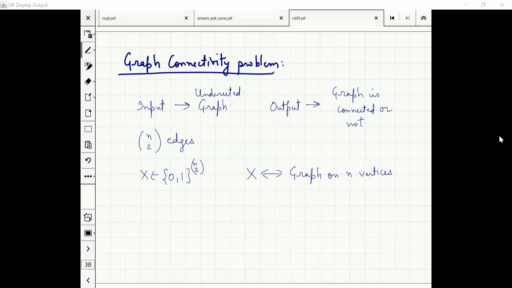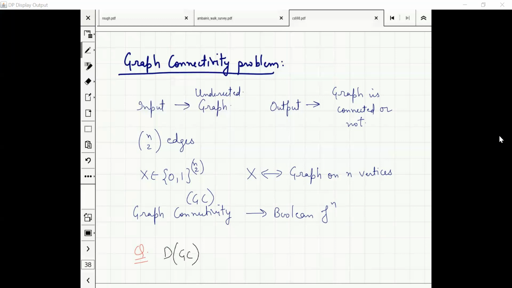And then graph connectivity is basically a Boolean function. Let's call this problem GC. And what are we going to talk about now? D of GC, its complexity.